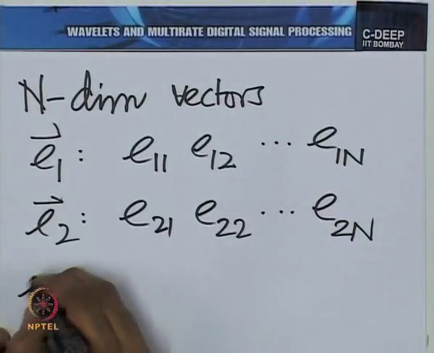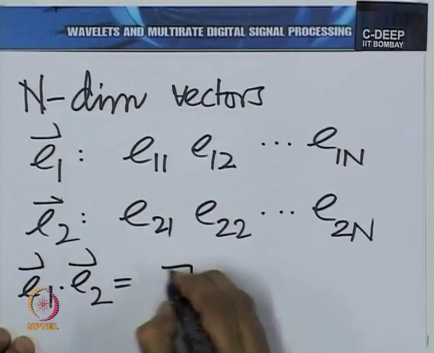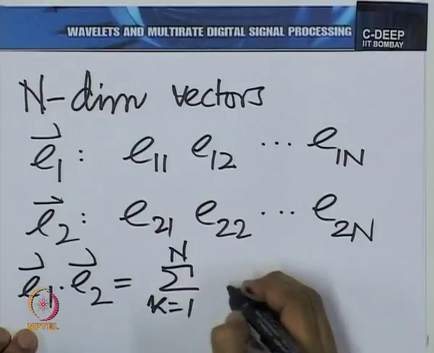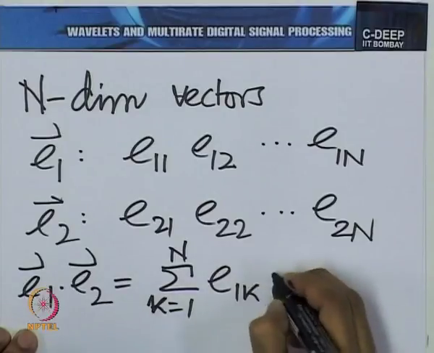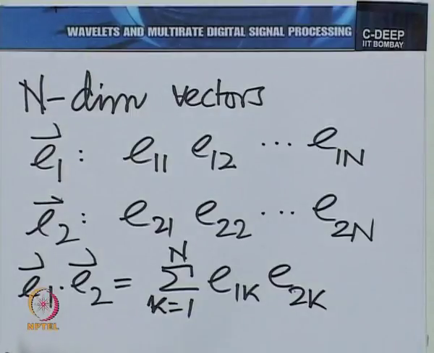Then of course, E 1 dot E 2 is easy to express if we generalize this. It is essentially summation k from 1 to n E 1 k times E 2 k. So, dot product generalized to n dimensions. Of course, we assume these are orthogonal coordinates.